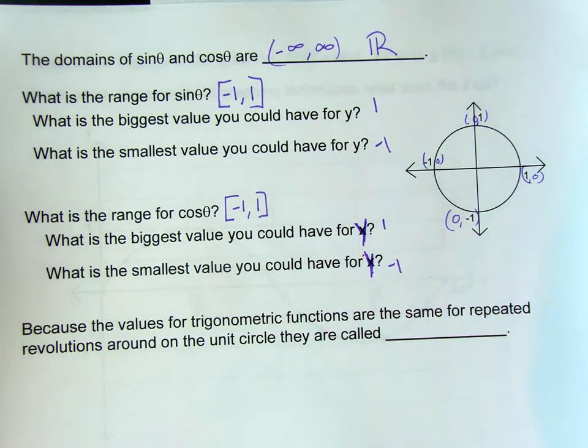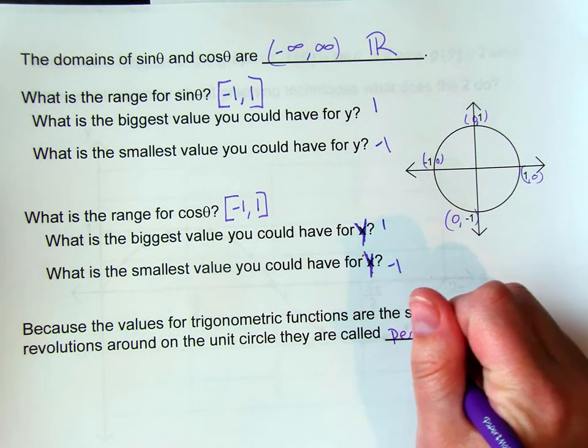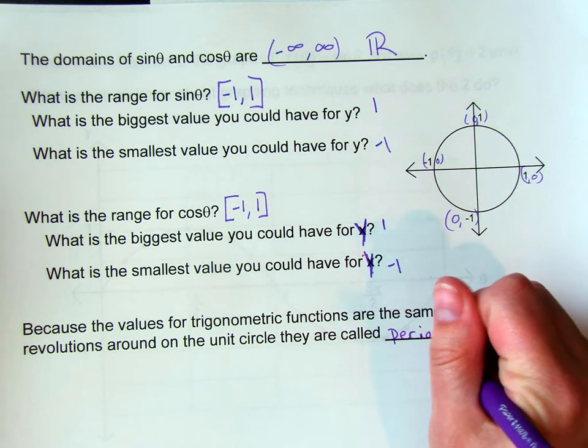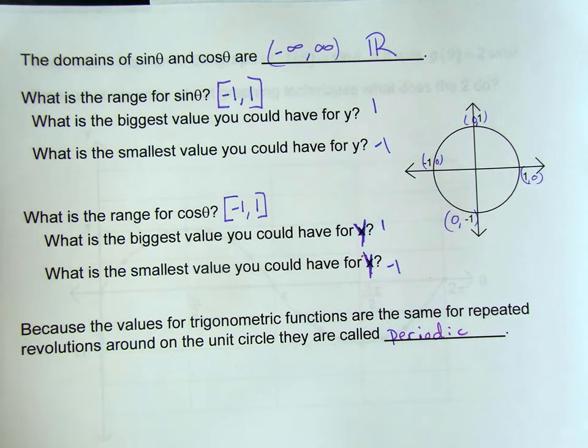Because these trig functions are the same for repeated revolutions around the unit circle, they're called periodic. Meaning after a certain time, the values start to repeat. And we can see this with our graphs.